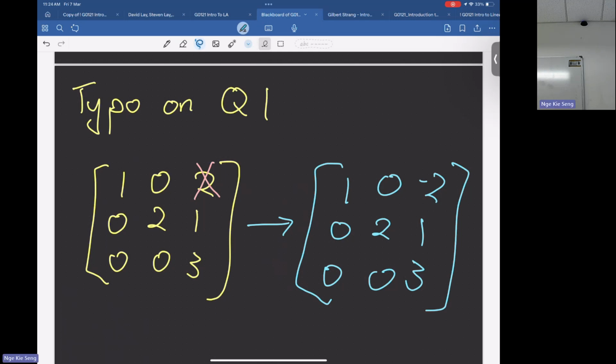Not enough. Here they got extra, and here also got extra. You need how many more? Two more. How many more do you have? Four.